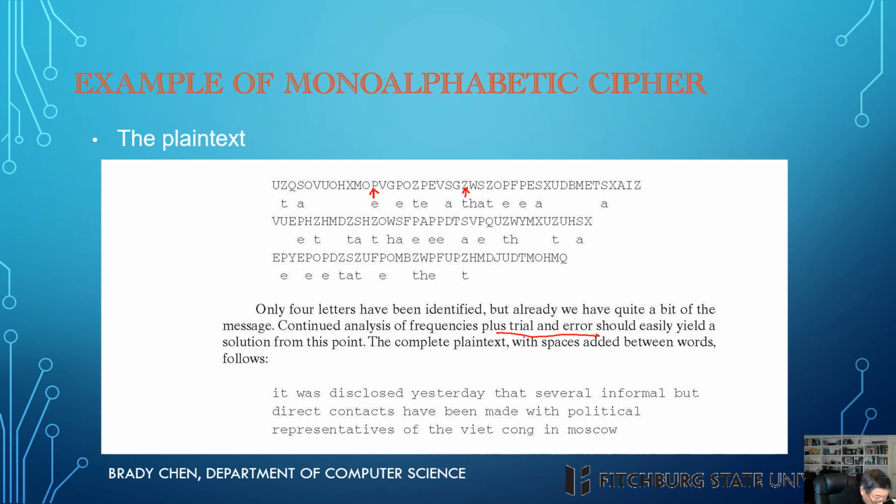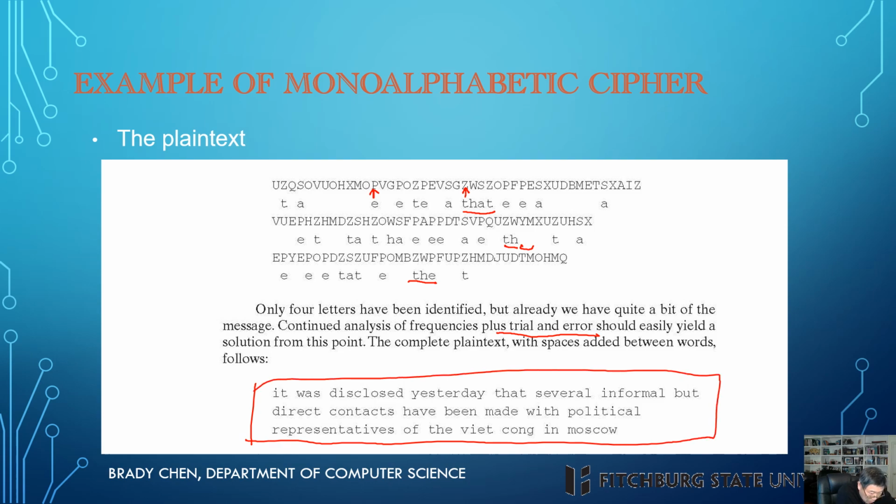Okay, so here, for example, we already identify a word, right? And here is another word. Okay, and here we have th, and then we can figure out, is there any actual word starting with th and ending with this? We can guess it. Okay, so that's basically the idea of the frequency of characters. We're not going to actually spend much time on this, but eventually the final answer is the original message.